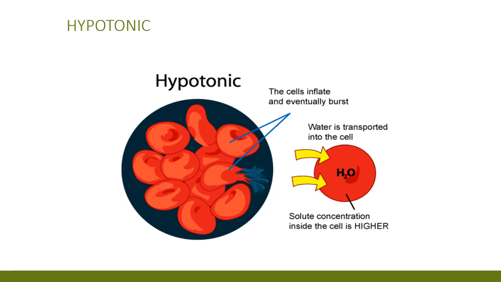In other words, we said that water moves from area low solute to high solute. So the water in the beaker was low solute. It's going to enter into the cell that had more solutes. And so the cell would burst.